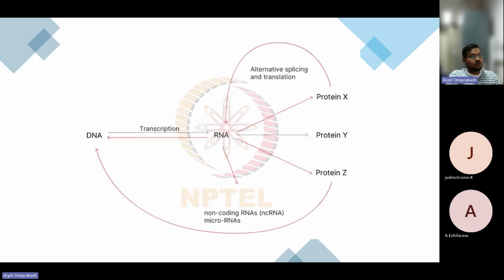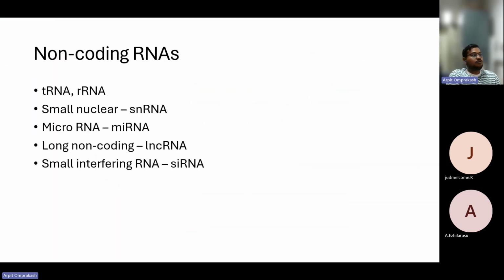So what are these non-coding RNAs? They come in different kinds. For example, we have the tRNA and the rRNA, which help in translation. The rRNA is present in ribosomes, and tRNA binds to mRNA to help in translation; it acts as an adapter.